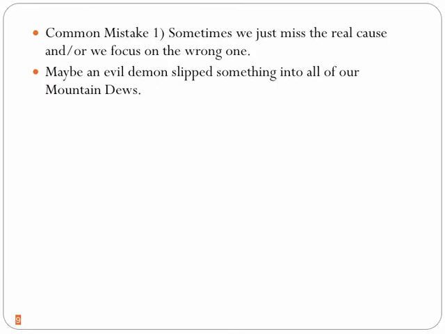In our pizza party example, just going with an outlandish possibility, we just assume that it was the pizza or the Mountain Dew or whatever, but maybe there's something strange going on that we couldn't anticipate. Like in this extreme example, there's an evil demon that slipped something into our beverages, and we had a pizza party, everyone got sick, everyone's throwing up pizza, so we assume it was the pizza, but maybe it was something else.